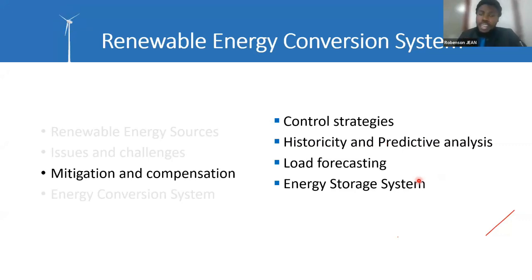And this will help us to design control strategies in order to well design our power system so we can match the situation where production is equal to consumption, because this is always what we are looking for, an equilibrium between generation and consumption.